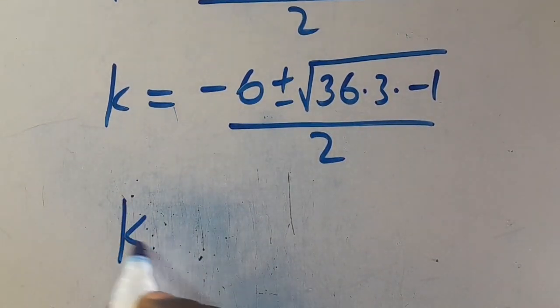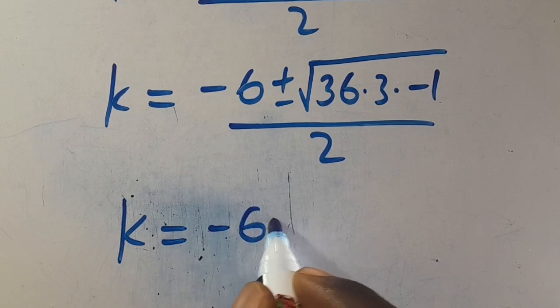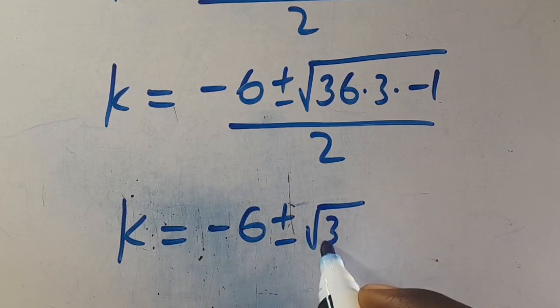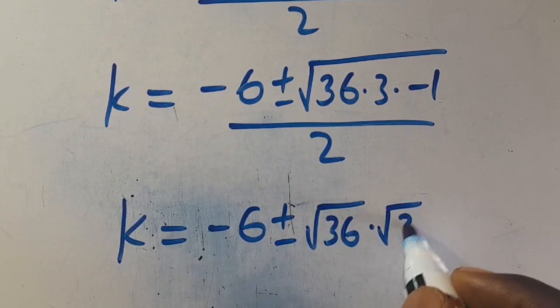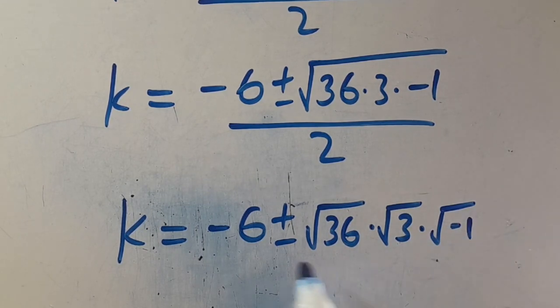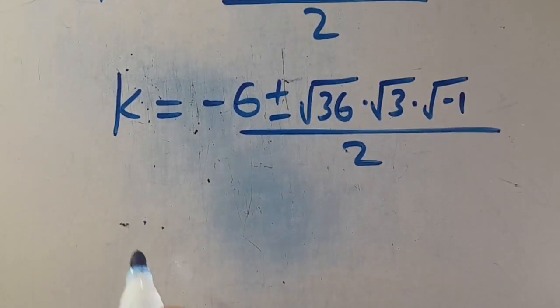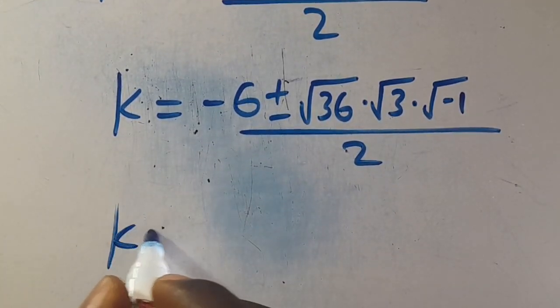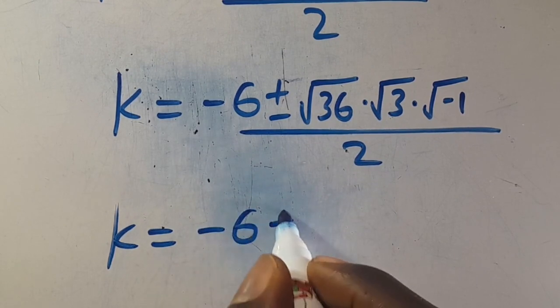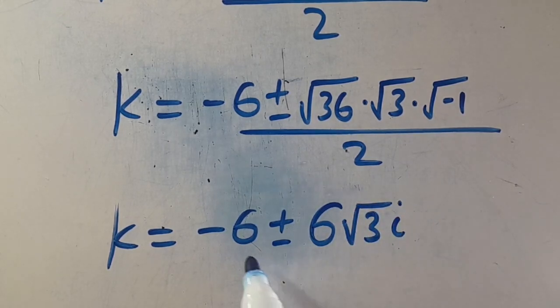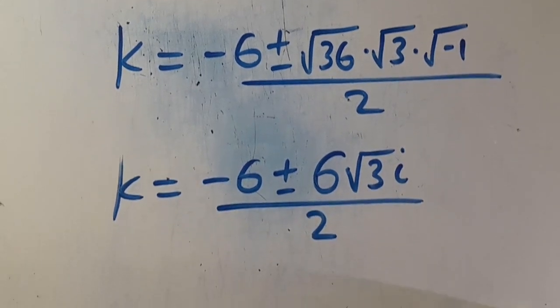So from here we have k equals minus 6, positive or negative, root of 36 times root of 3 times root of minus 1, all divided by 2. We have k equals minus 6, positive or negative, 6 root 3i divided by 2.